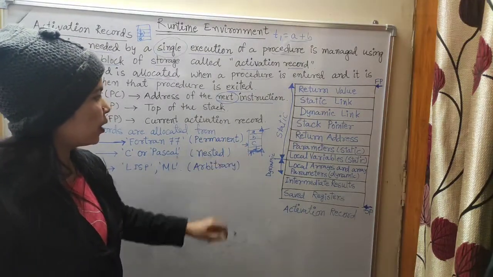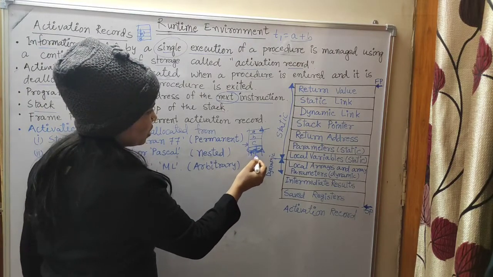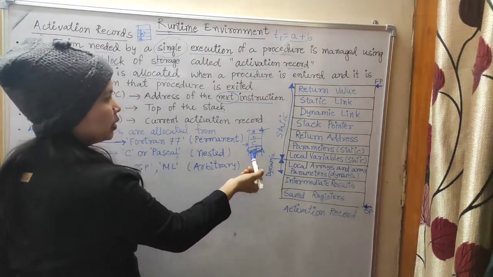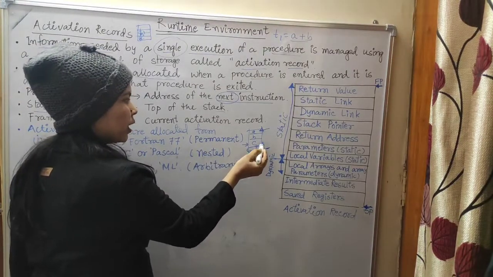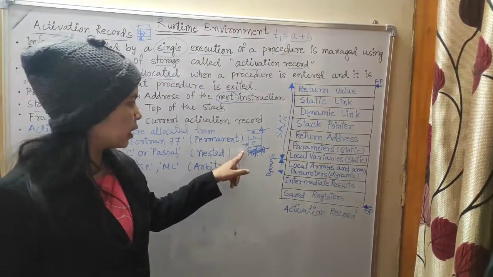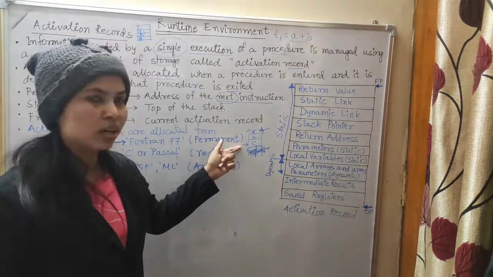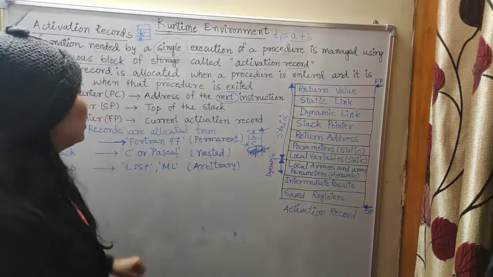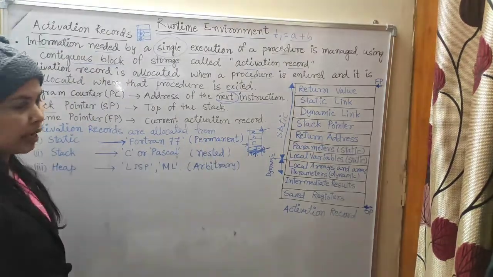But the stack pointer is at the last, because the stack starts from D. And the program counter, if it is running on the system, is at the C place. So this is the meaning. Now activation records are allocated.